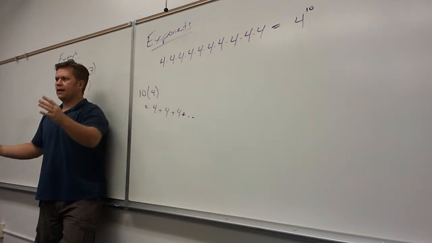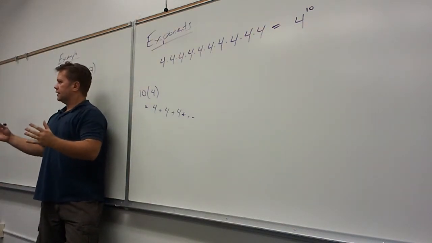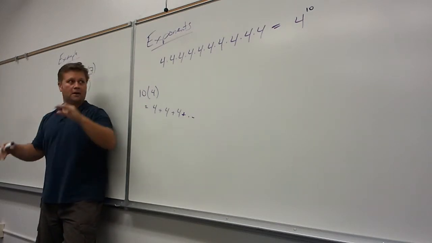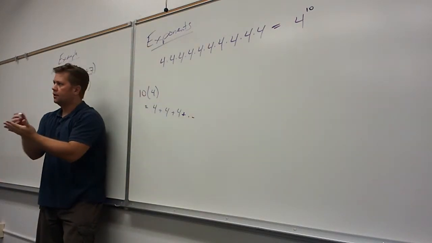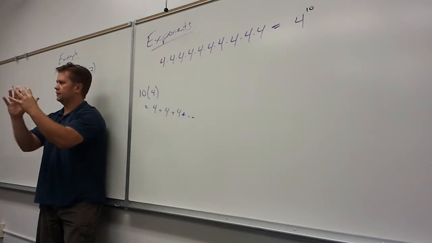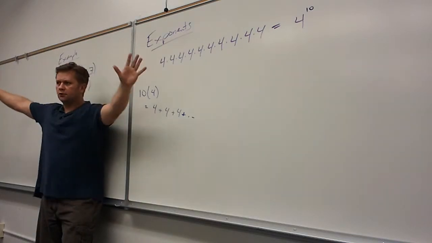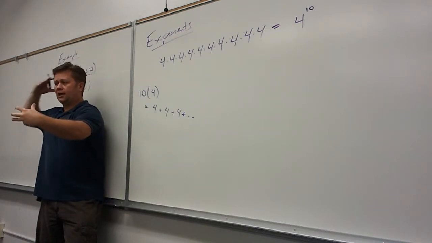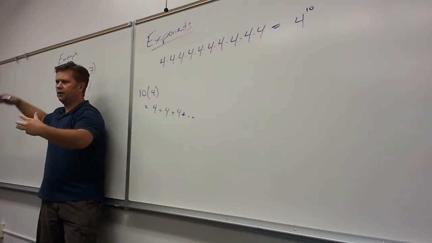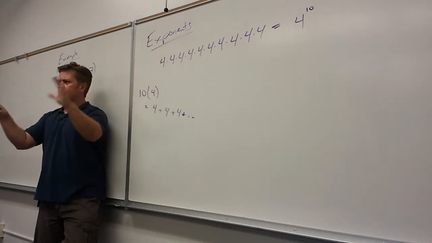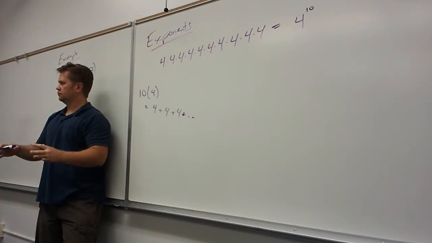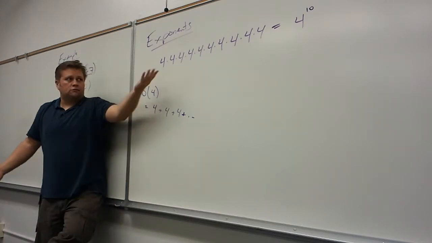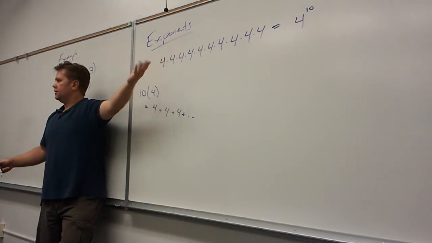So all of mathematics is a bunch of old guys who got together, because back in the day they didn't listen to women. Finally, women came in. But back in the day, a bunch of old guys got together and said, how do we write this really concisely? And then everybody else had to agree. So when you're born and you come into it, you've got to learn all this crap that they decided on way back when, just so you can do this kind of stuff in the world, right? They could have done this a lot of different ways. But that's the way they decided, so that's why it means what it does.